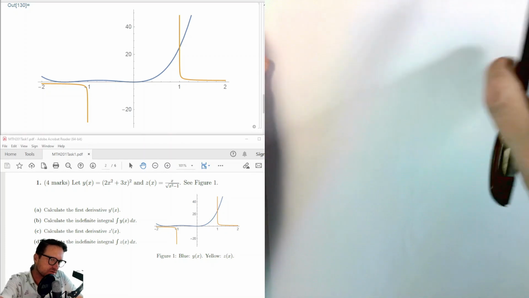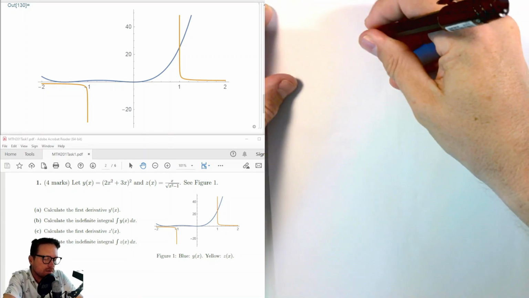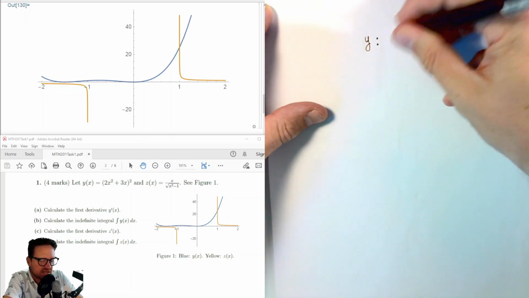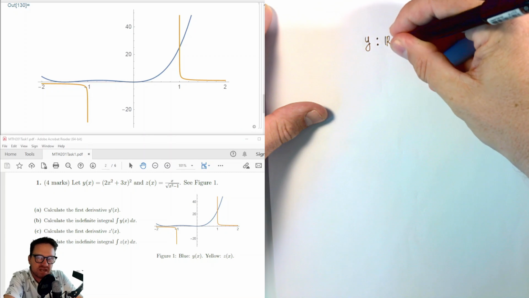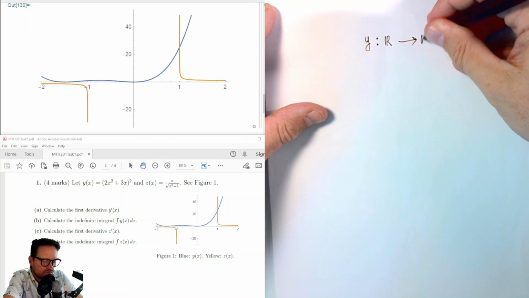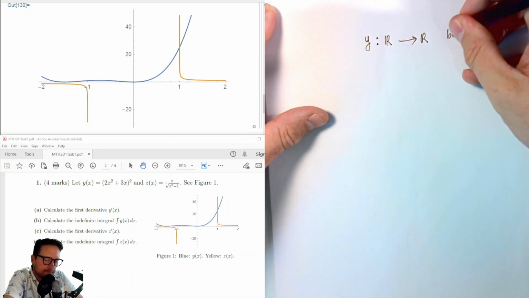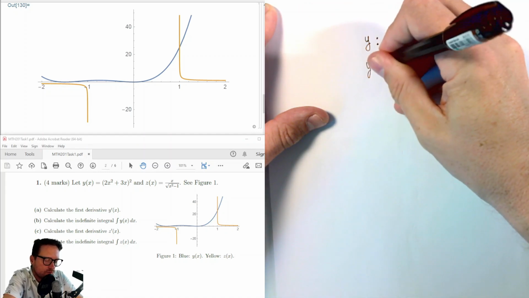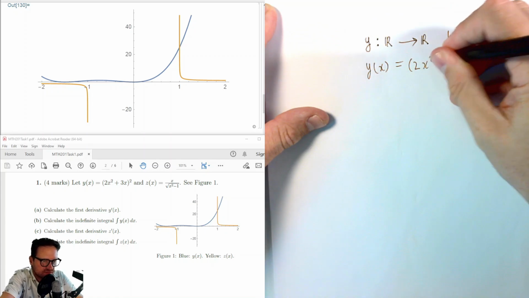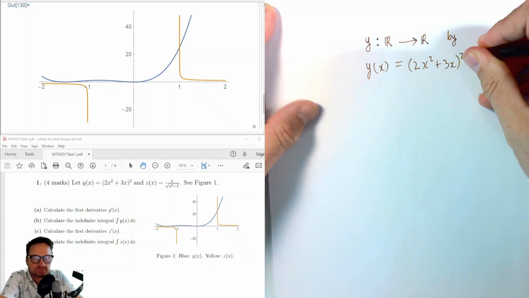Having a look at the first question, we've got two functions. We've got a function y, which sends the set of real numbers to the set of real numbers by y of x is 2x squared plus 3x all squared.